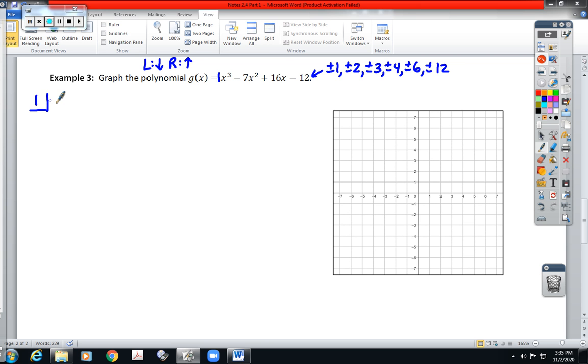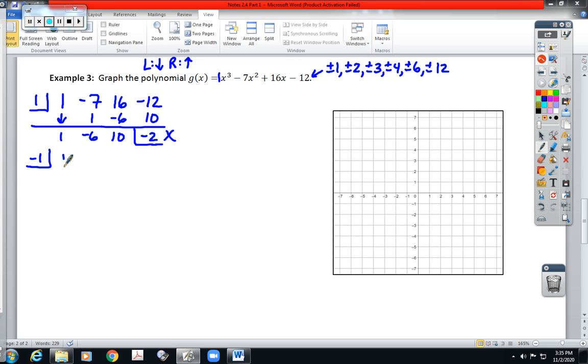We start with 1, and we run synthetic division using the coefficients from g of x. Again, what we're looking for here is a remainder of 0. So 1 does not work. It's not 0, so we have to try another one. So we run it with negative 1. Again, we're just going to keep running these numbers from this list until we find one that works.